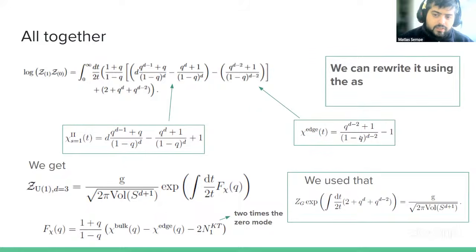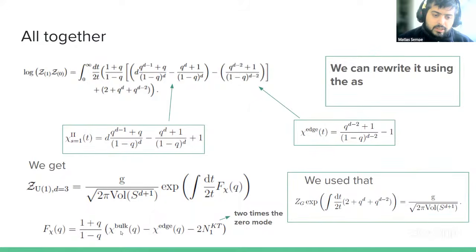This is the character for a scalar in d minus 1 dimensions, because we are in d plus 1, and this is the character for a spin 1 in the full dimension d plus 1, and we will pick zeta so that they obey this.